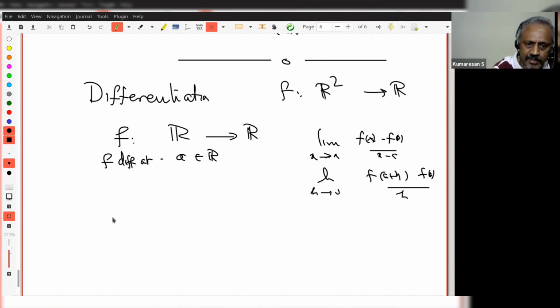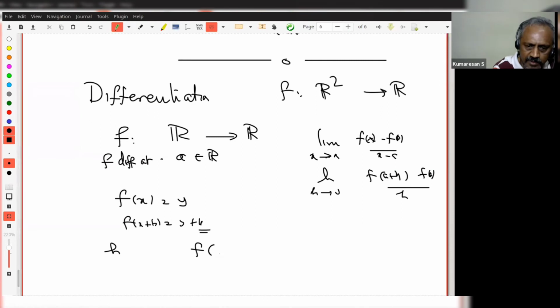What did we find? If I write f(x) equal to y and f(x plus h) equal to y plus k, then h is called the increment in the independent variable and k is called the increment in the dependent variable.